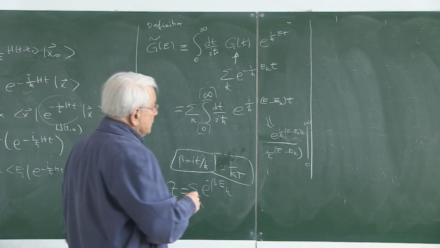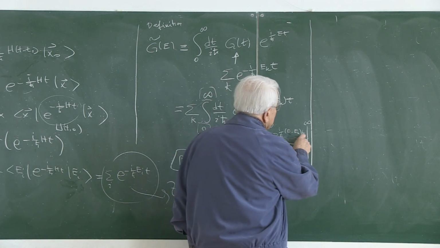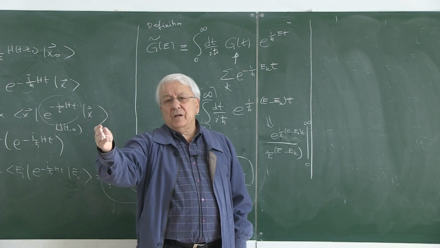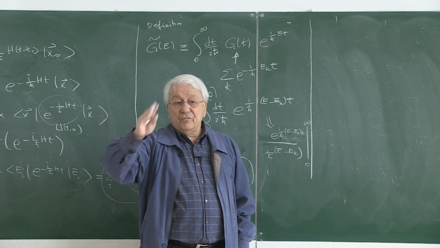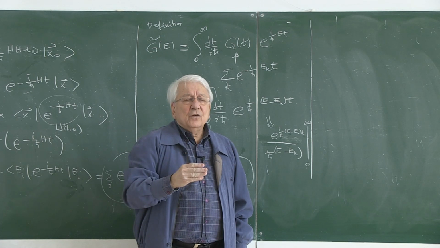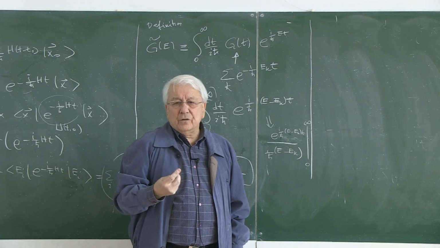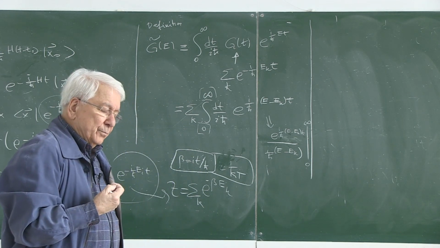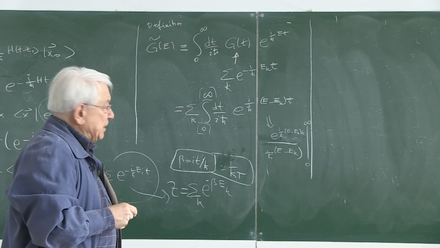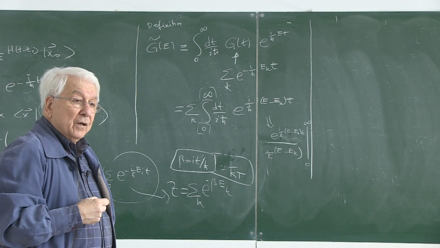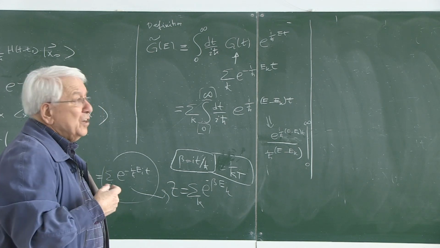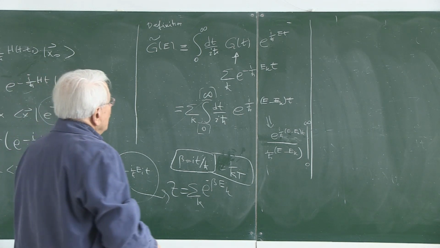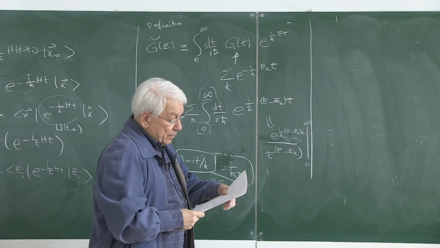Why is it dangerous? Because when t is infinite, this is omega t, right? When t is infinite, it oscillates violently, so you don't know what result you get. Usually infinite values of periods are dangerous things. You have to introduce a mathematical trick to tame those violent oscillations at infinity. What people do is add an i epsilon.